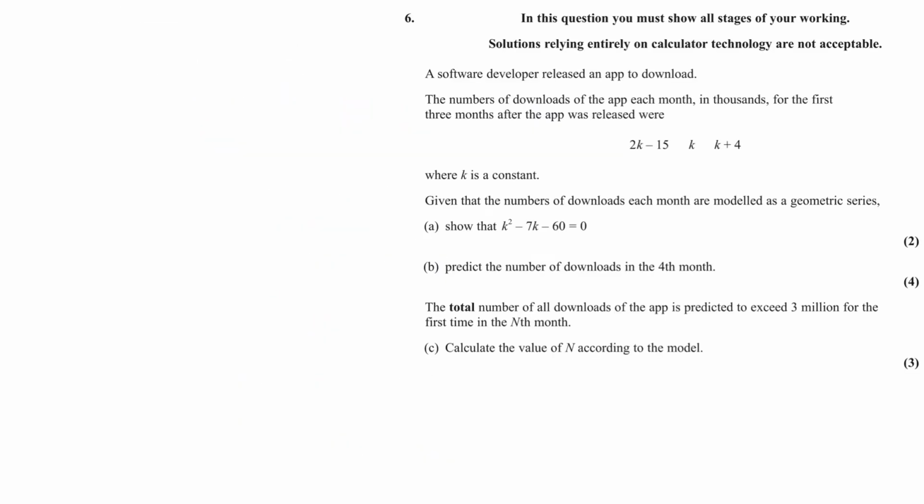Okay, question 6. So it's a geometric series. So we're looking at R. Okay, so R is the common ratio. So we want to do this one divided by this one. And R is also this one divided by this one.